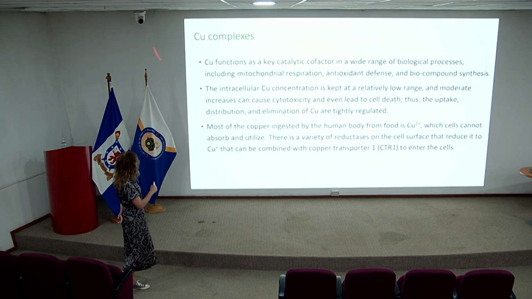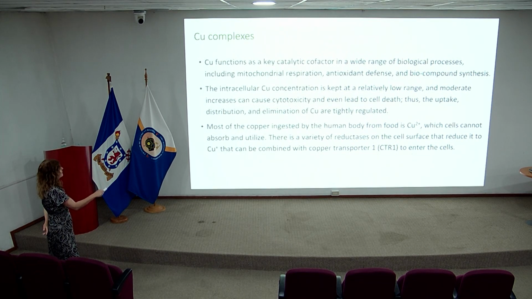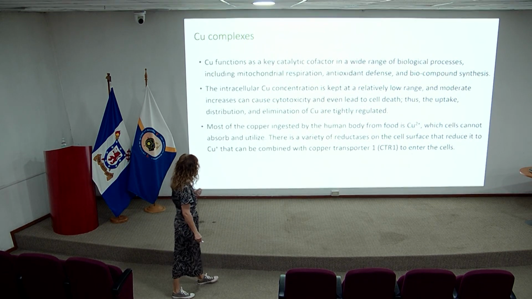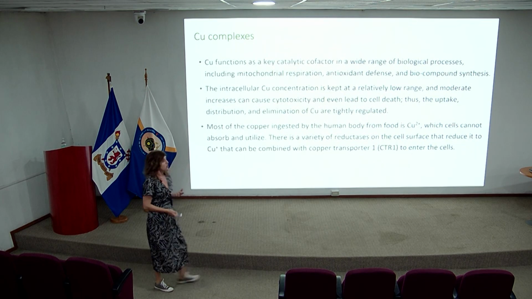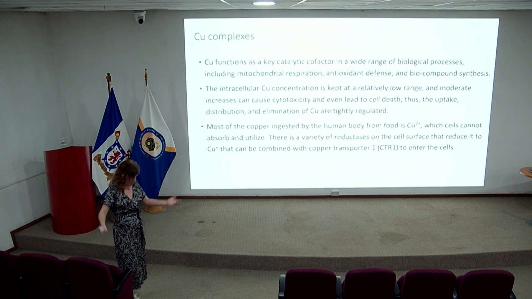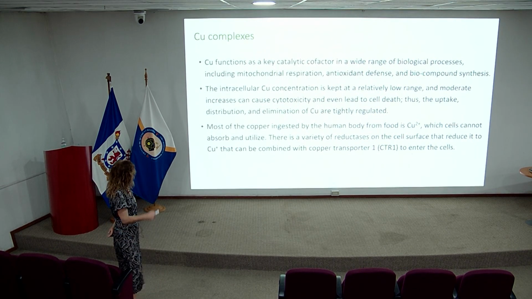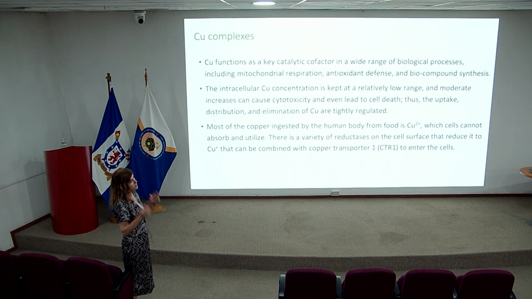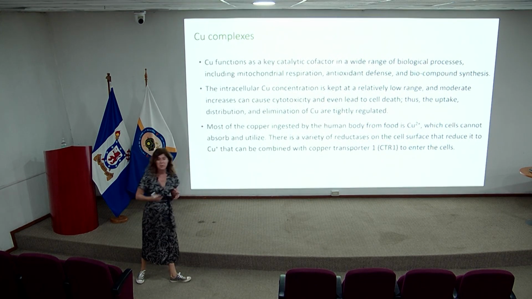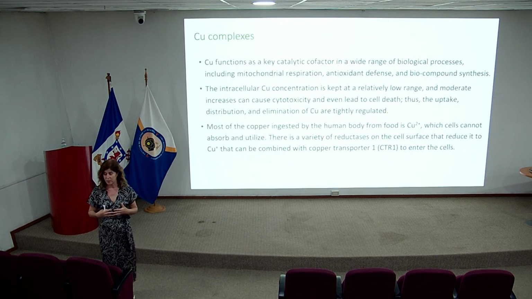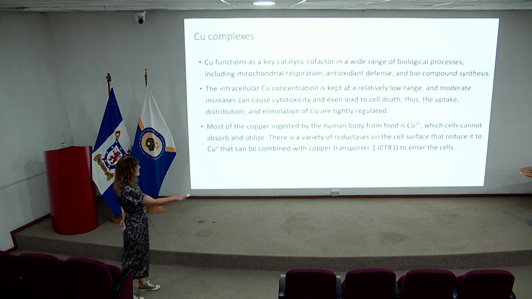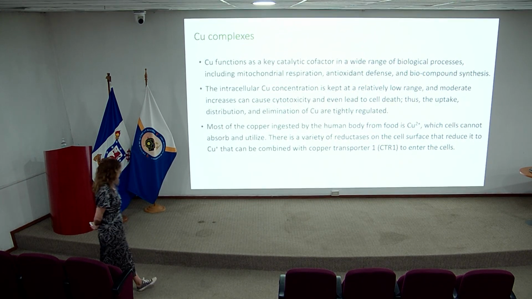So it's a very important metal because it has a role in a wide range of biological processes: mitochondrial respiration, antioxidant defense, and the synthesis of proteins, DNA, etc. And as I told you for iron, the concentration of the free metal ion is kept at a very low range because it can enter into Fenton reactions and produce reactive oxygen species. And so the homeostasis of copper is tightly controlled.